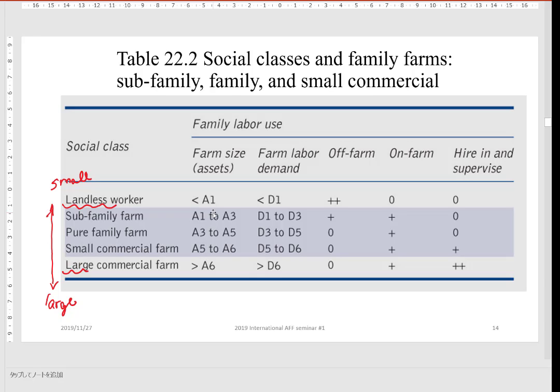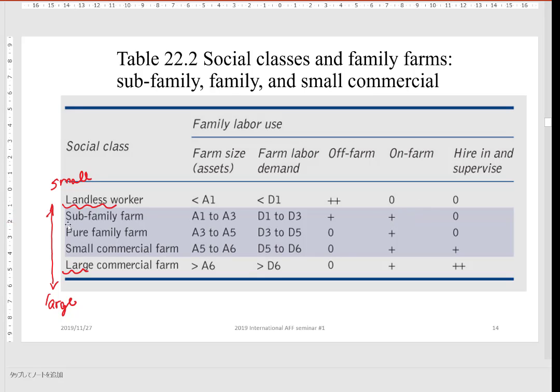Then what about a farm size, which is measured by the size of the land assets? Holding a bit more farmland, this type of social class has the opportunity to use family labor on farm.